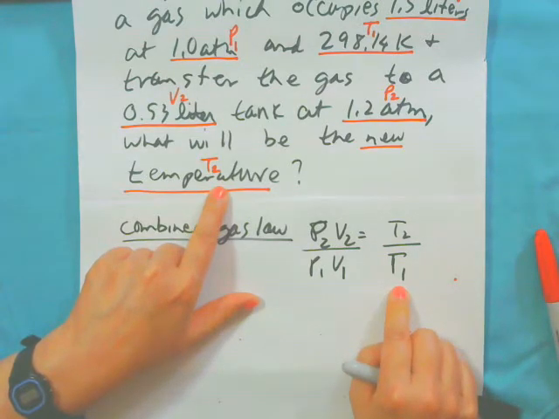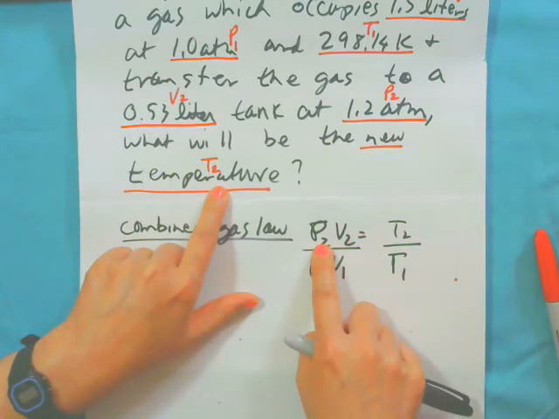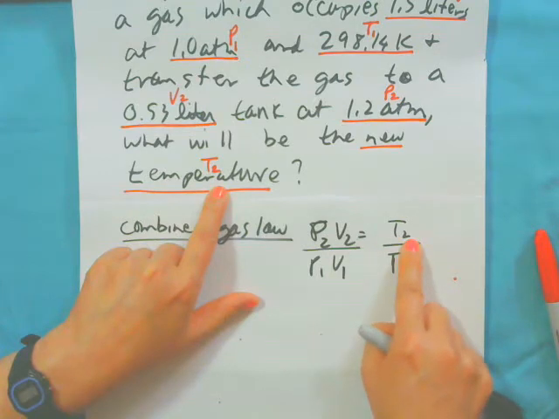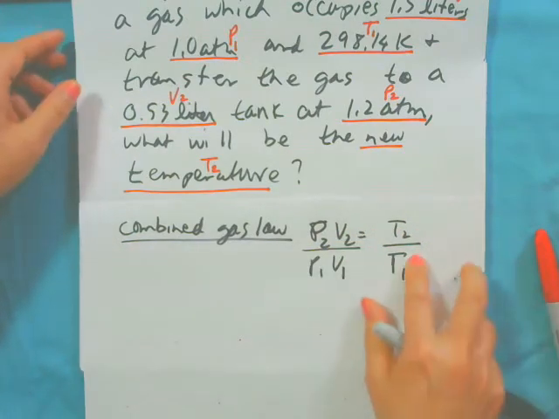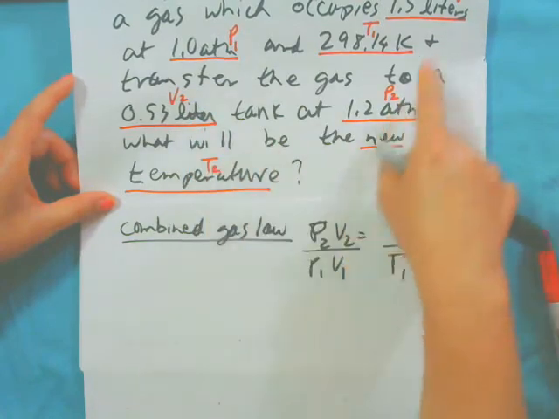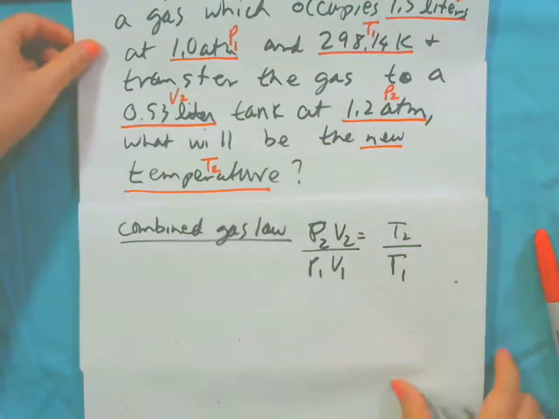But it would not have been incorrect to have used the other equation, to have had P1 times V1 on top, and then 2 on the bottom. That would have been perfectly fine. But if you do this, you'll save yourself a little bit of time. Or you could have numbered these 1, 1, 1 and these 2, 2, 2, and it would have ended up with the same thing.